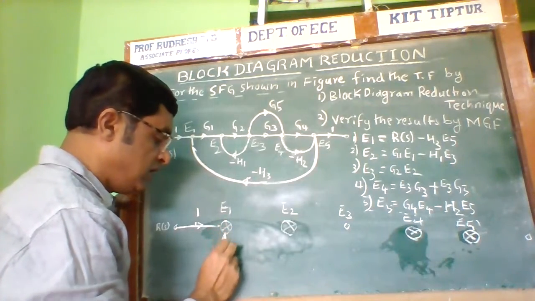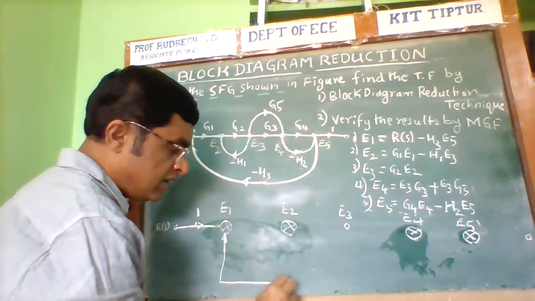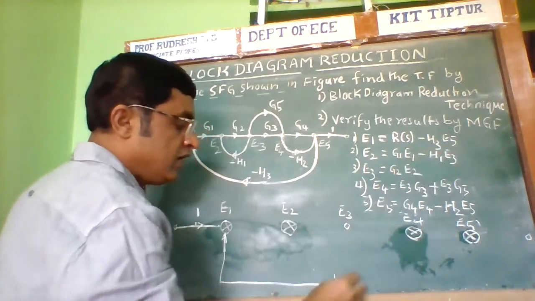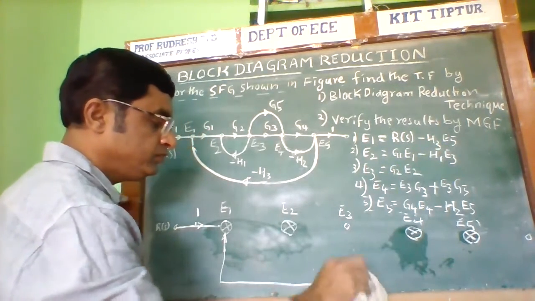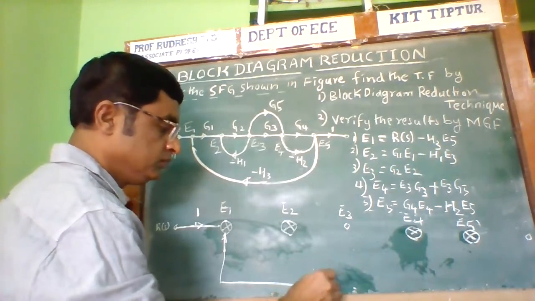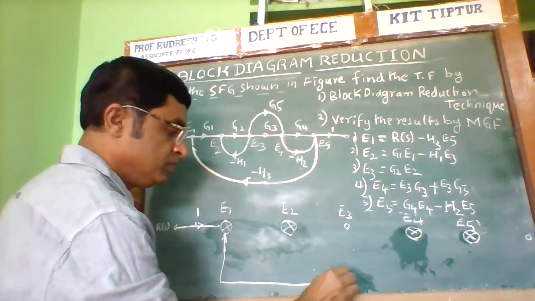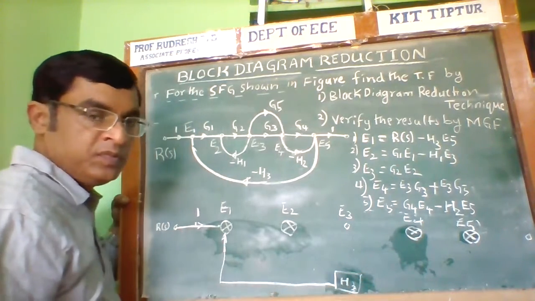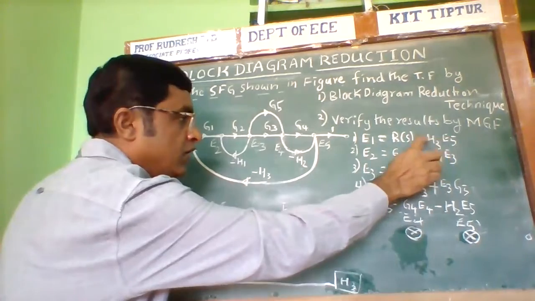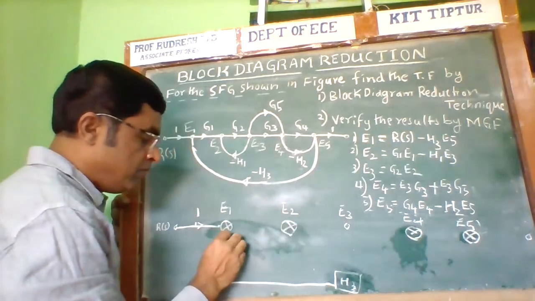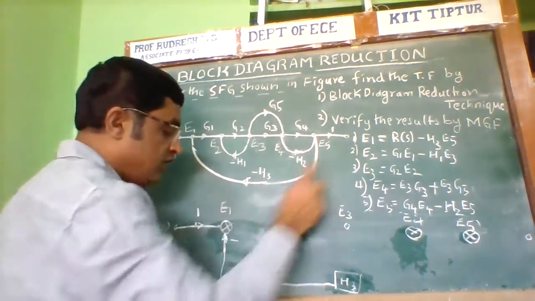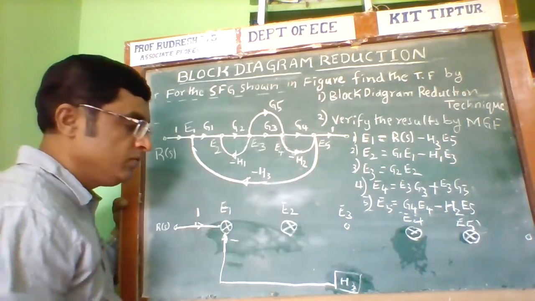Therefore I'm writing it like this. Here H3 is written as it is. This sign must be placed here at the summing point. This minus can be written here.